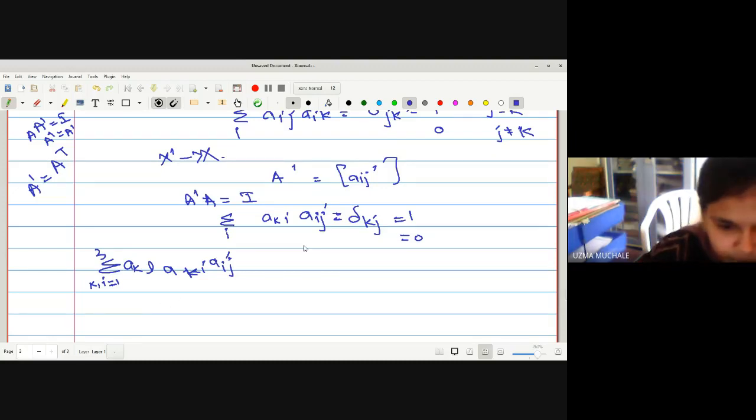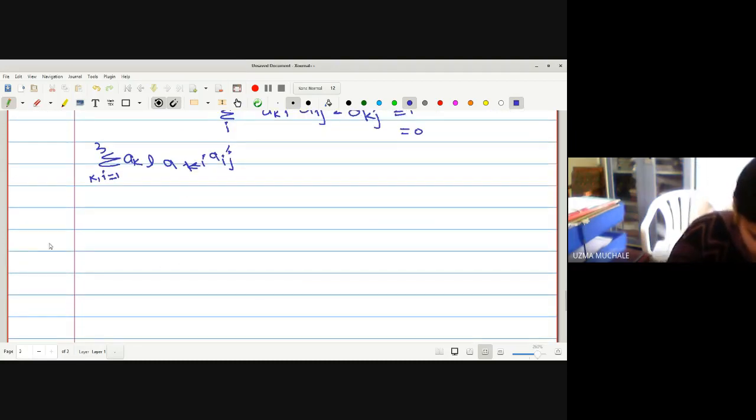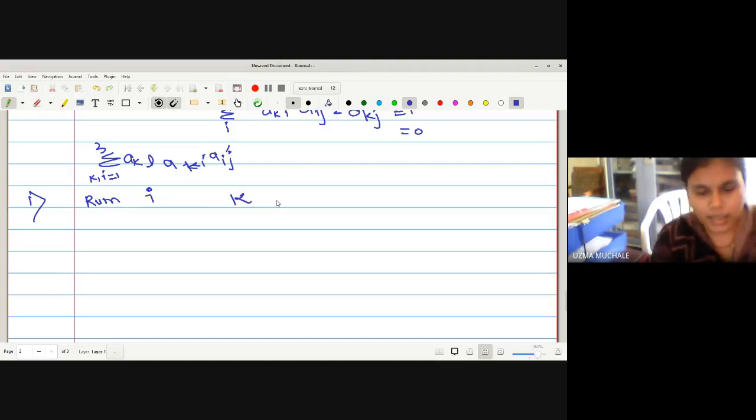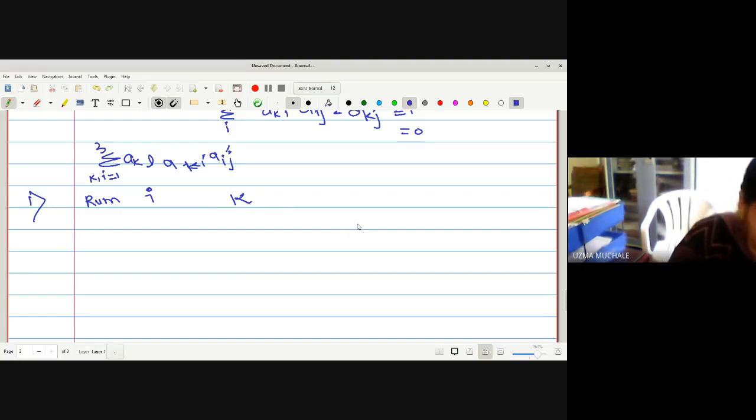Now for this one, first we will run the summation over i, then we will run the summation over k. And in the next step we will do vice versa, that is, first we will run the summation over k and then the summation over i. Let me write it down here.